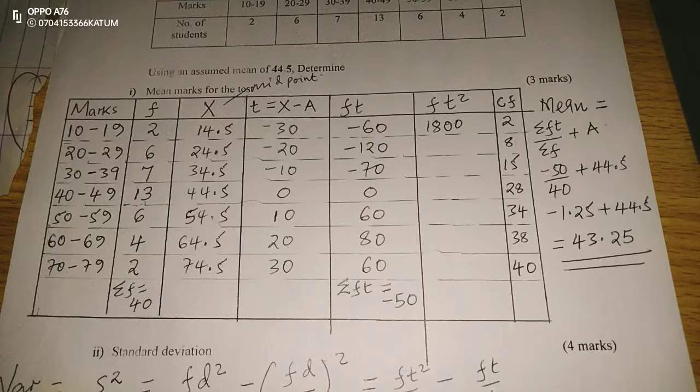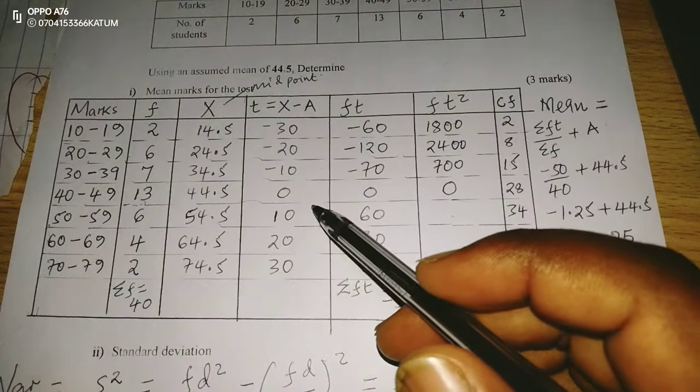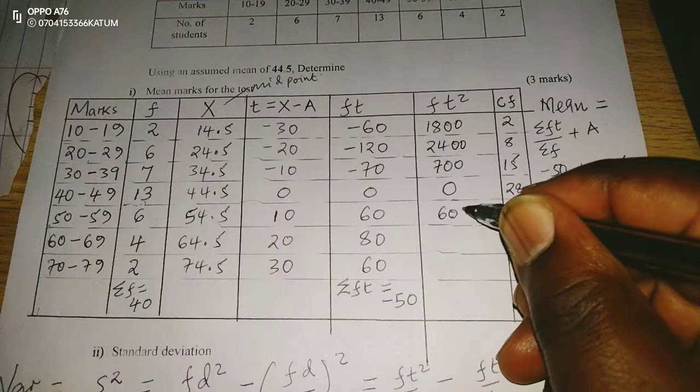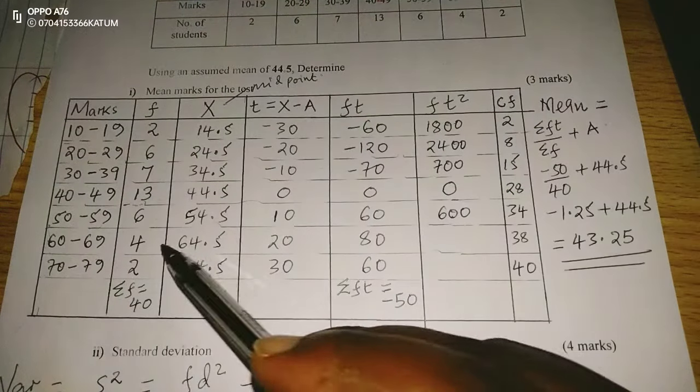Then the next one is going to be 6 into the deviation, 10 squared, 600. The next is going to be 4 into 20 squared, 1600.